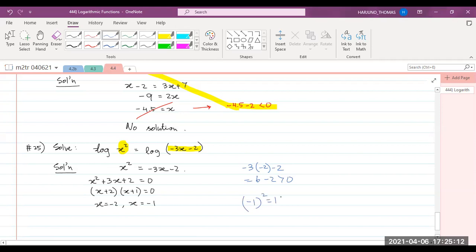That's positive. -3 times -1 minus 2. That's 3 minus 2. That's still positive. So both x equals -1 and x equals -2 are okay. You don't even need to check if they are equal. You just need to check that the argument is positive.